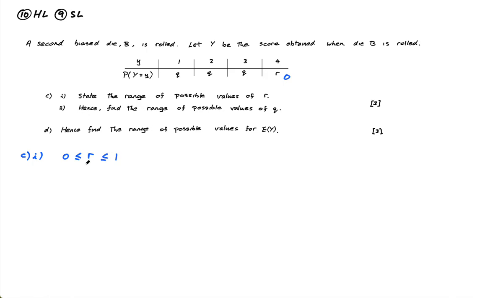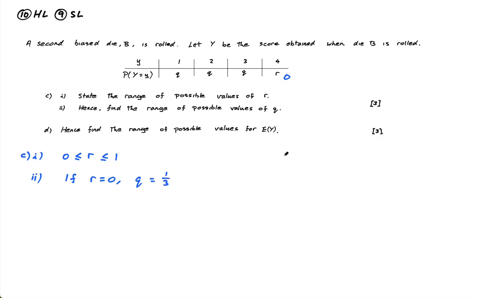Hence, find the range of possible values of Q. Okay, well, I kind of did it there. So if R is 0, I'll write this down just to show a bit of working. If R equals 0, Q is equal to a third.